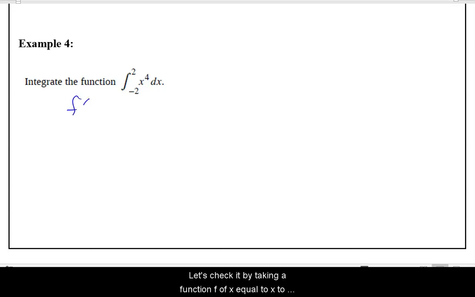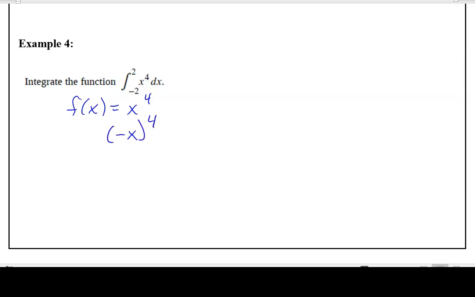Let's check it by taking the function f of x equal to x to the 4th and replace the x with negative x. If I raise a negative to an even power, I'm guaranteed to get a positive, which gives me back x to the 4th. That means it's even.